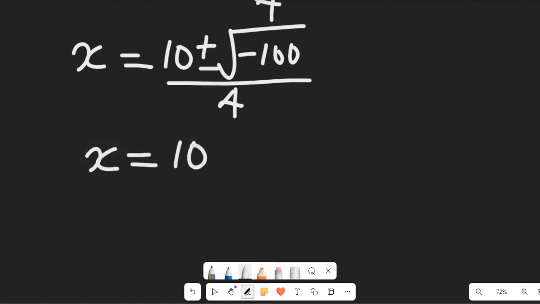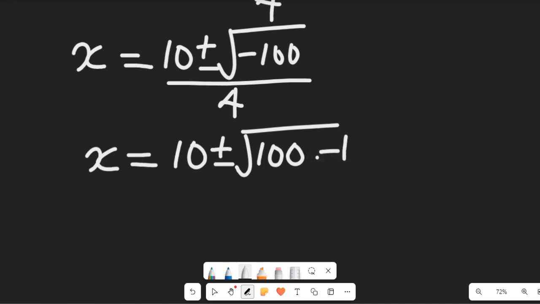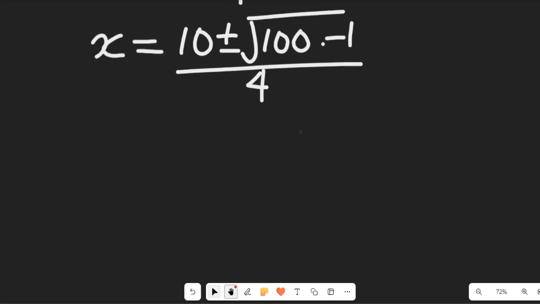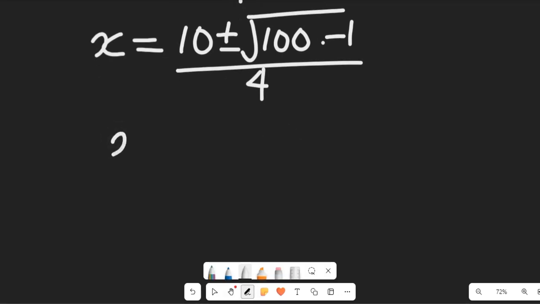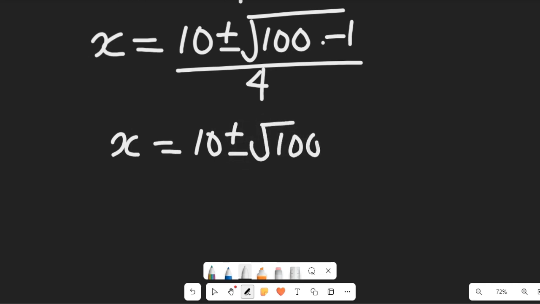Now we can break up that square root. I'll have 10 plus or minus the square root of 100 multiplied by negative 1, all divided by 4. That is 10 plus or minus the square root of 100 multiplied by the square root of negative 1, all divided by 4.